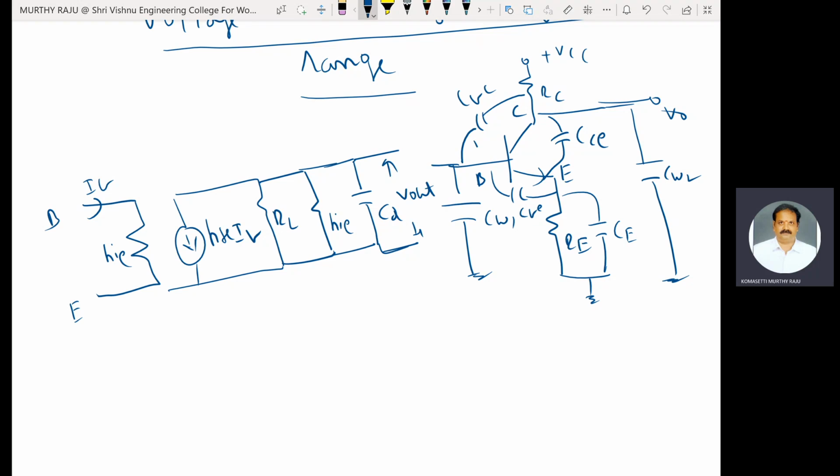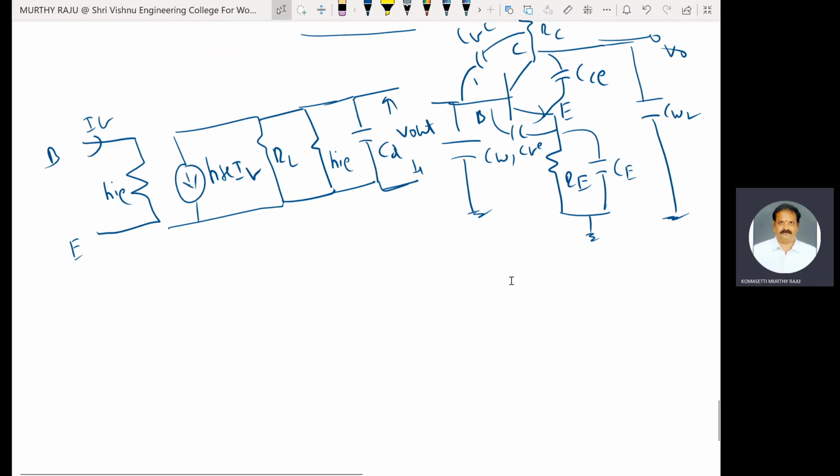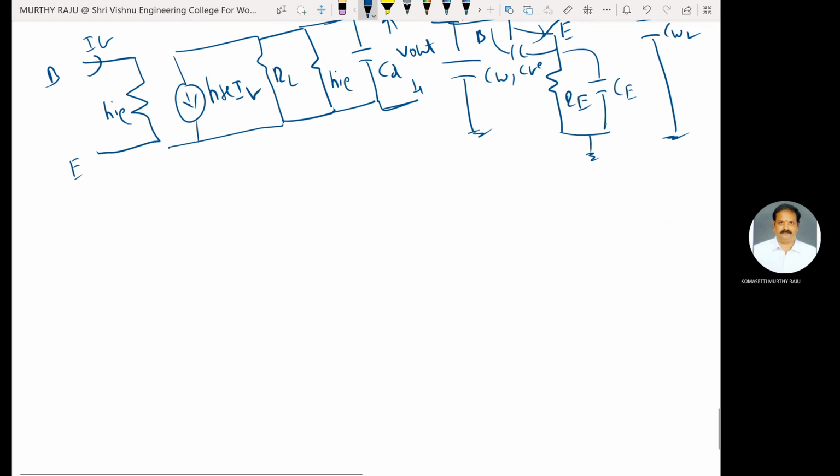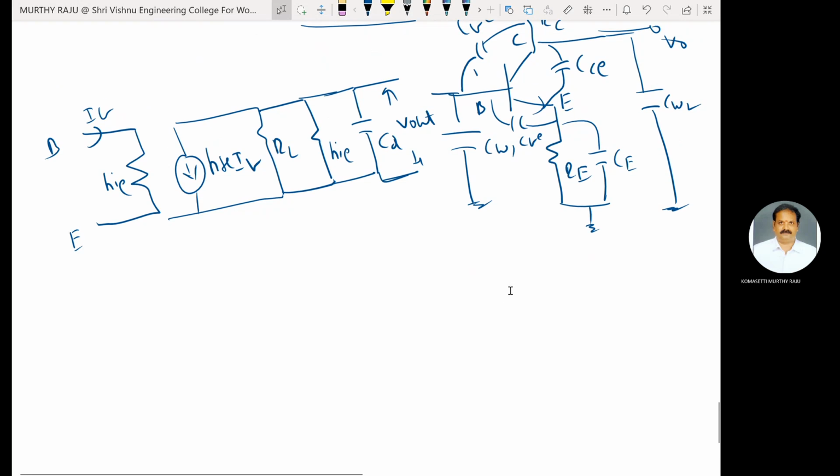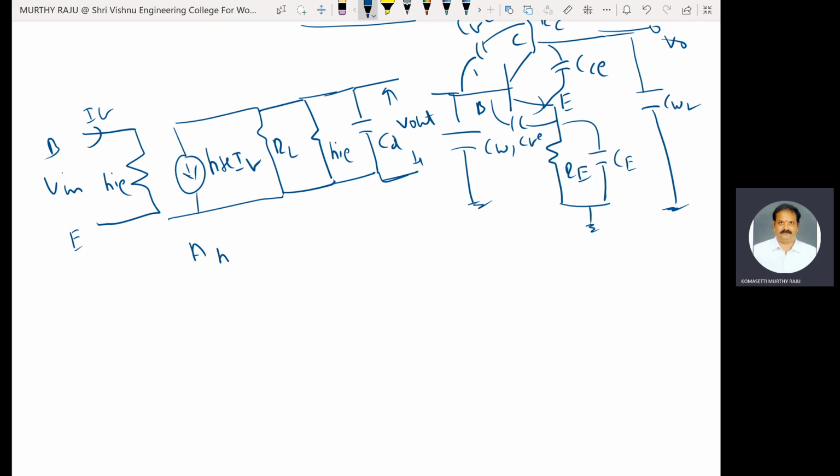This is V out. Simplify this model. This one is V in. Find out the high frequency gain.